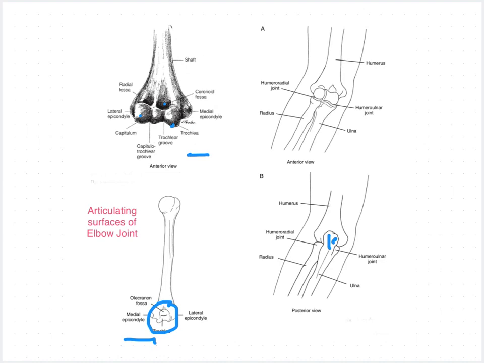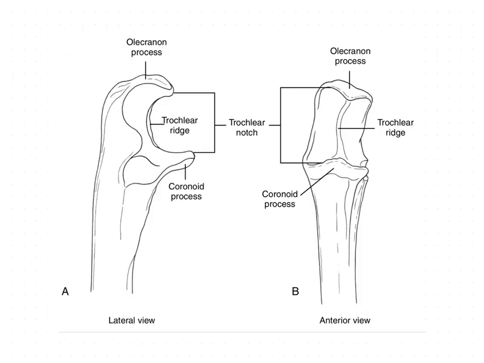Now we are going to see the articulating surfaces of the ulna and the radius. So now coming to the ulna, we can see the lateral view and the anterior view. The articulating surface of the ulna forming the humero-ulnar joint is deep.